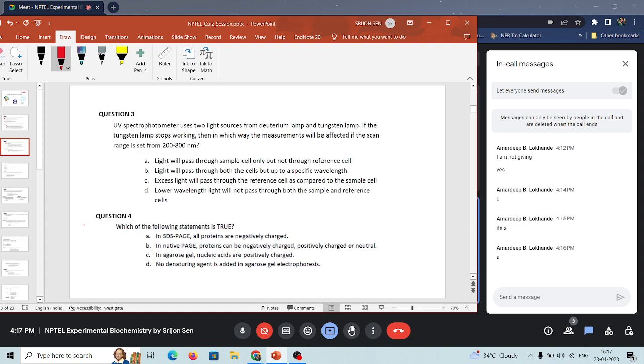Question number 3. UV spectrometer uses two light sources, a deuterium lamp and a tungsten lamp. If the tungsten lamp stops working, in which way will the measurements be affected if the scan range is set from 200 to 800 nanometer?